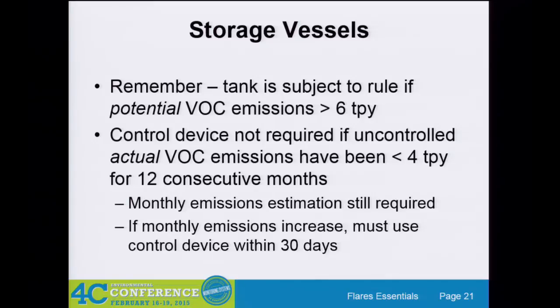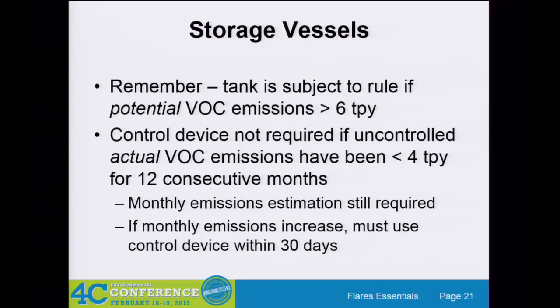So I've touched on this already. The triggering point for controls is 6 tons per year per tank. There are, again, decline curves and reduction in gas production over time. There are once-in, always-in provisions in the rule, but you can remove your control device if you're consistently below 4 tons per year in 12 consecutive months.